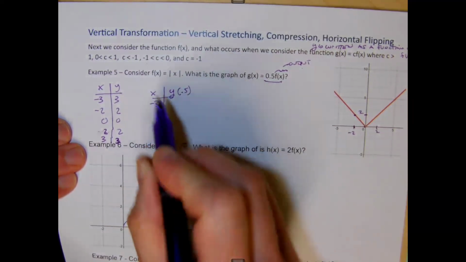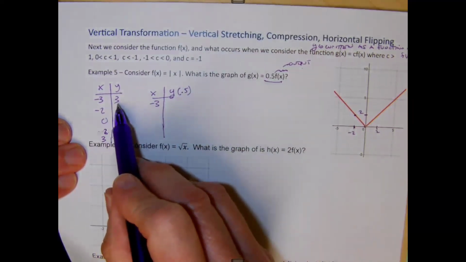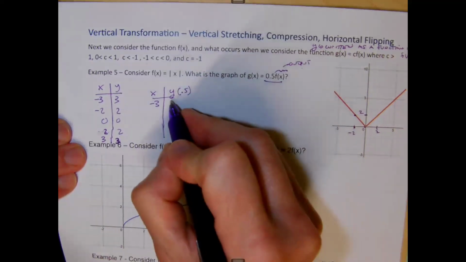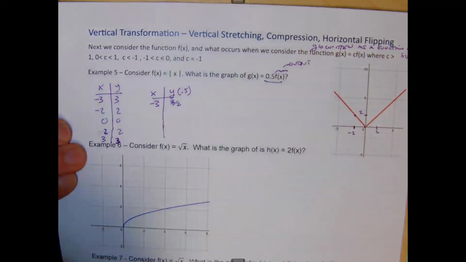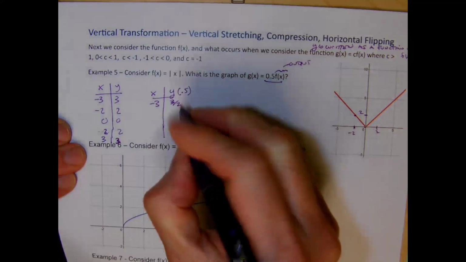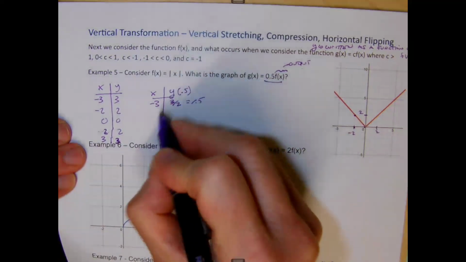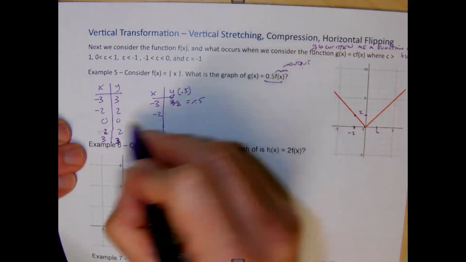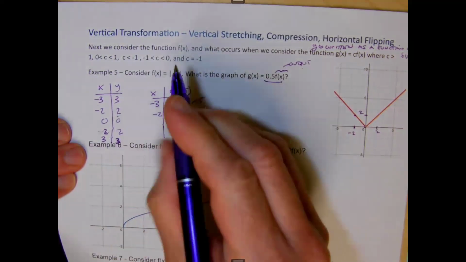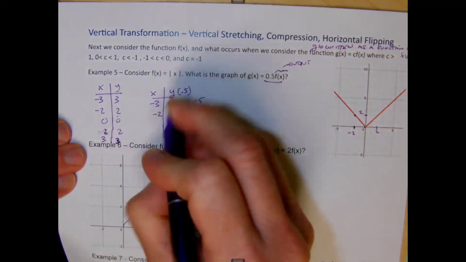So -3 produces a 3. Half of 3 is 3/2, which in decimal form is 1.5. Also exact. -2, output is 2. Multiply that by half, and I get 1.